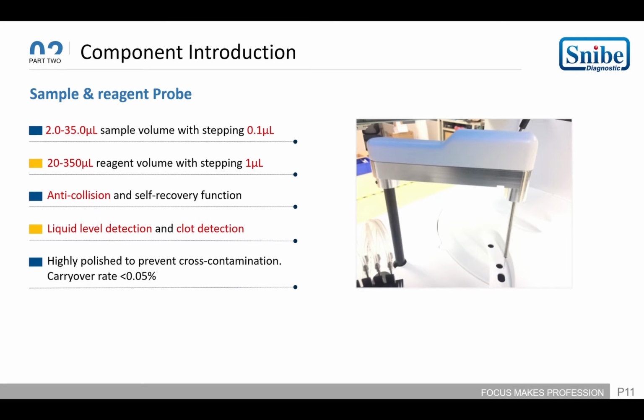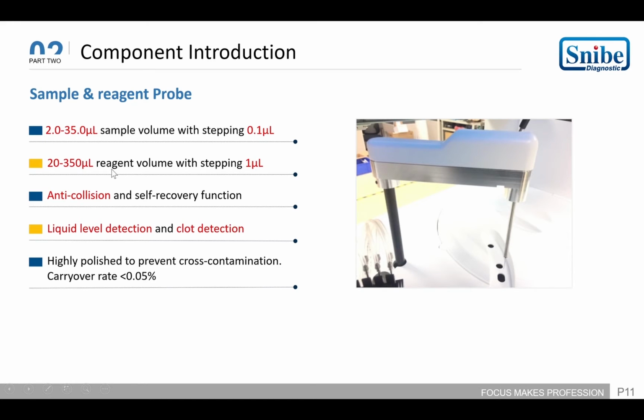Okay, now we go to the next part about the sample and reagent probe. As you can see, this one can add the sample and reagent. For the sample, it can add 2 to 35 microliters with a step of 0.1 microliter.